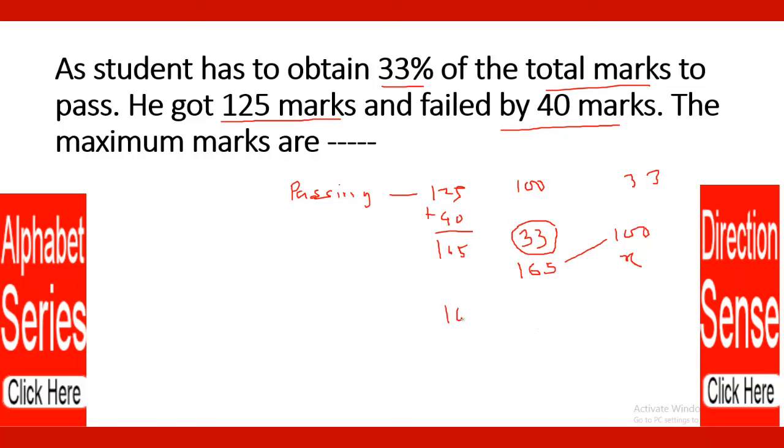So it will be 165 multiplied by 100 divided by 33, and this will be equal to 500. So 500 is the maximum marks in this case. If you take 33% of 500, you will get 165 as the passing mark. If you subtract 40, you will get 125 marks that the student has got.